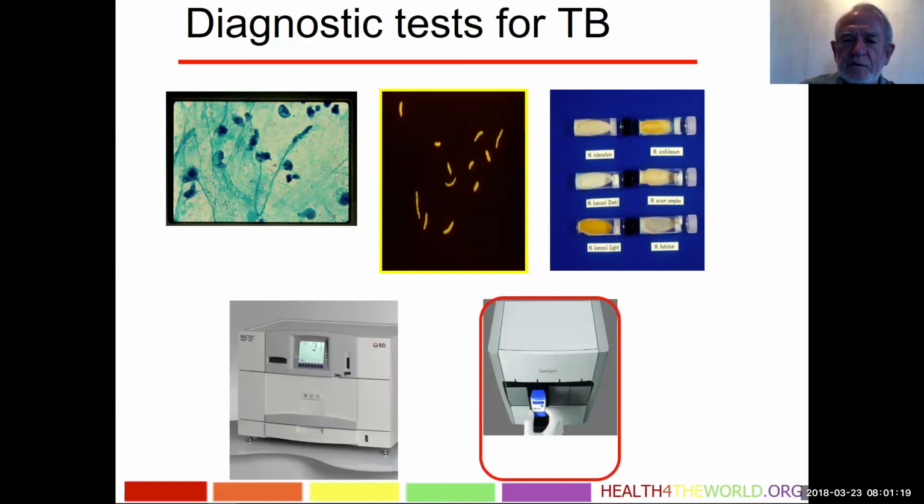This is a rapid molecular test that is both highly specific and highly sensitive in identifying Mycobacterium tuberculosis, and at the same time providing an indication of whether or not the organism is susceptible to rifampicin. And it's assumed that in specimens that are rifampicin resistant, multiple drug resistance exists and the patient should be treated with an MDR regimen.